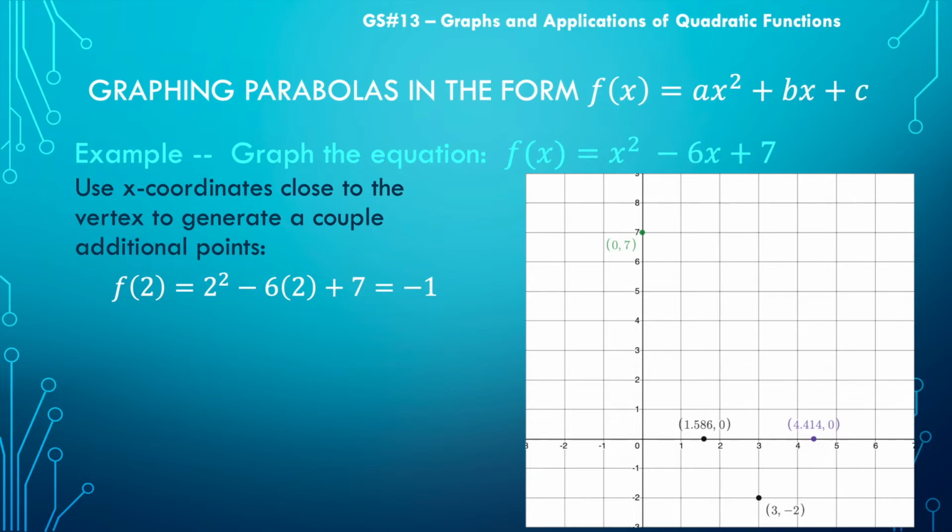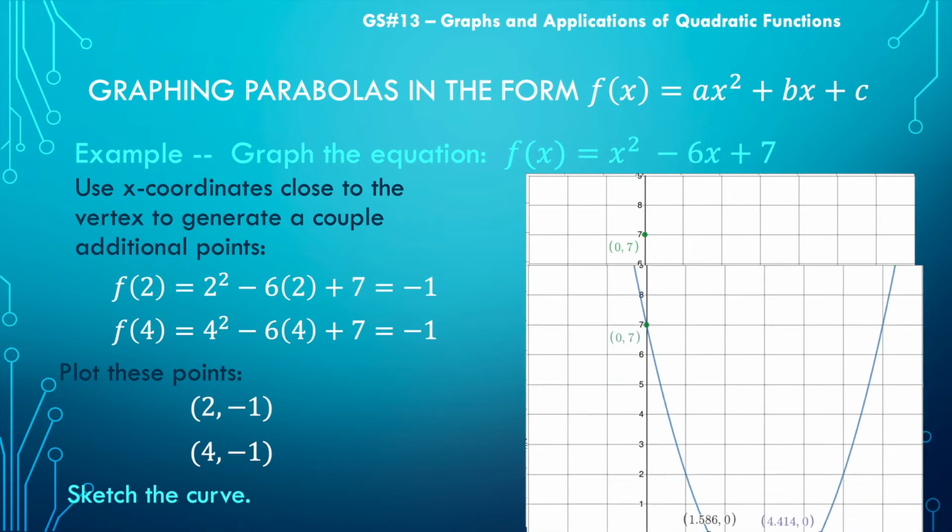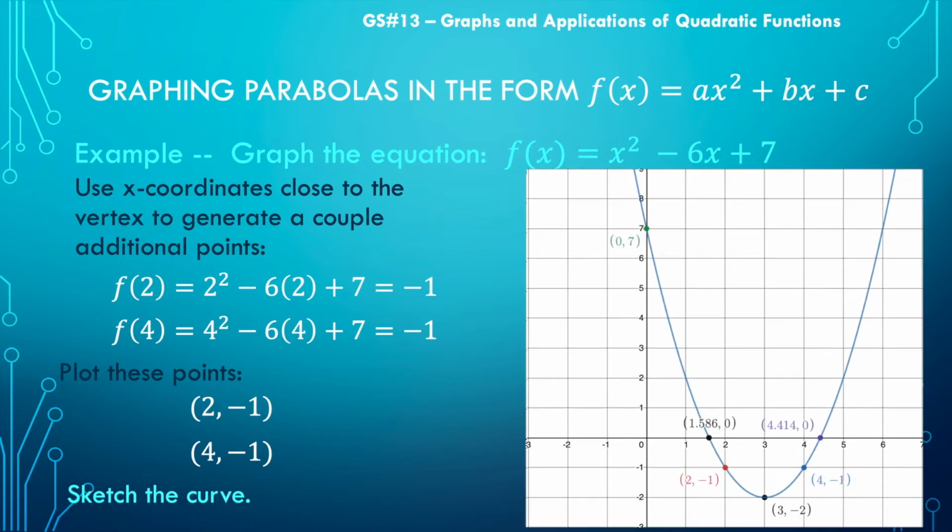And f of 4, which should end up being the same thing because of the symmetry that you find in a parabola. So when I plot these points, I can really see that U shape starting to form. So now let's go ahead and sketch the curve, and I get that nice U.